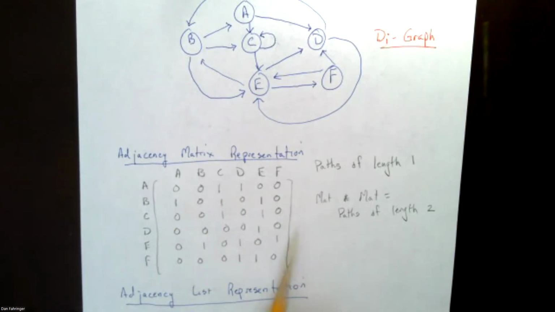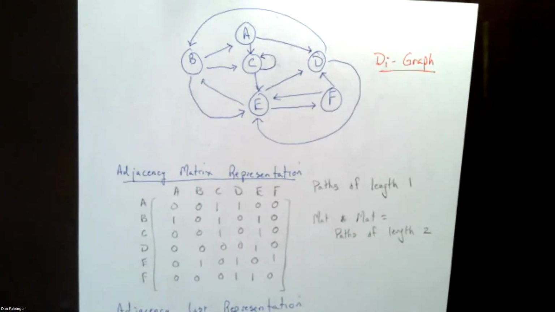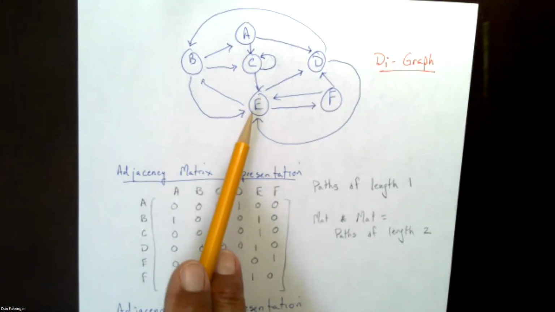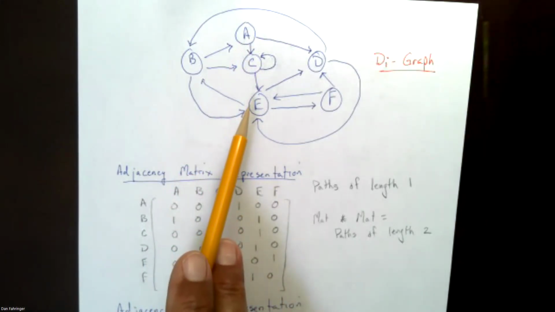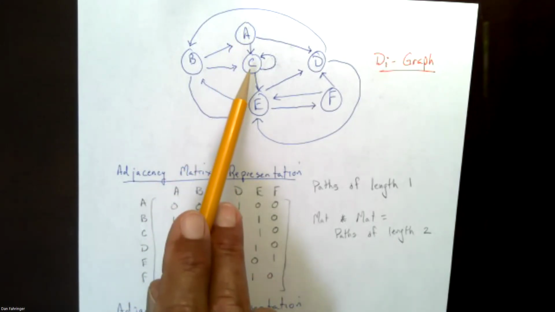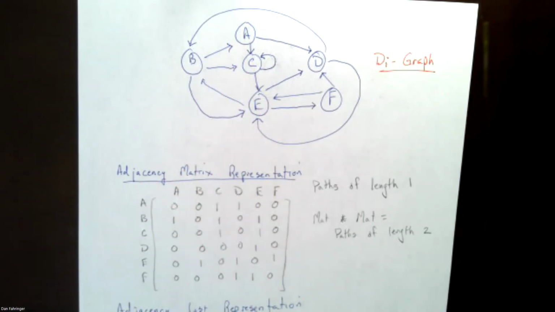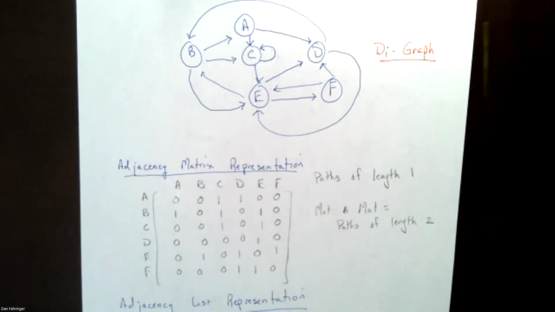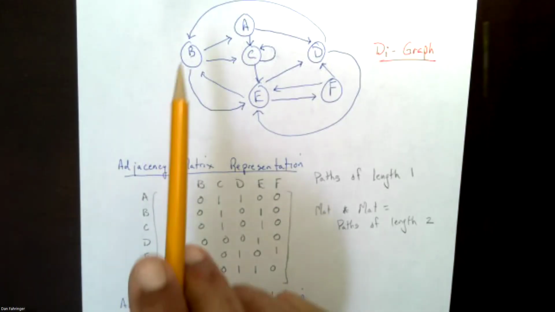But multiplying one matrix against another would give paths of length 2. For example, can I get from A to E? Well, not directly. So when you start thinking about this like airplanes, I can get there by going to C and then to E. That would be a path of length 2. Are there any others from A to E? No. Oh, yeah, there is.